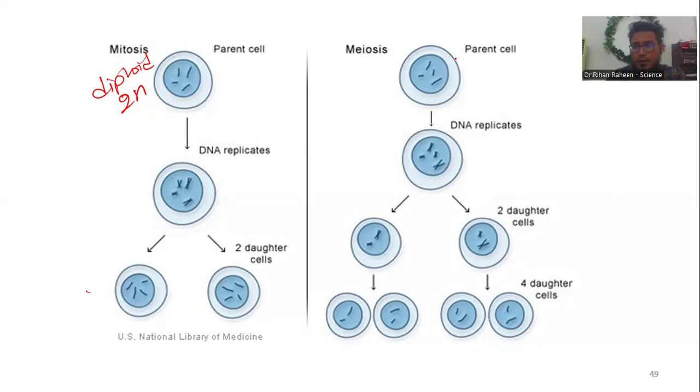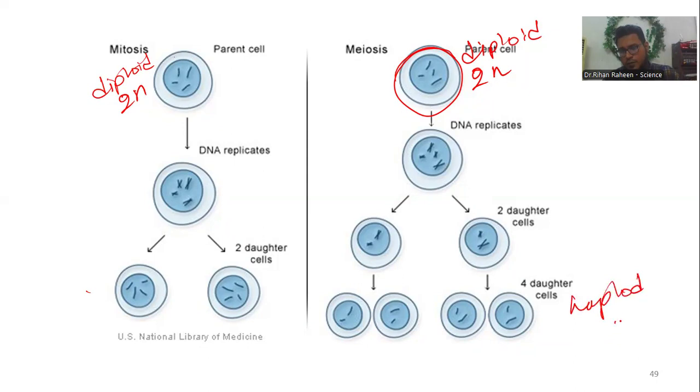In meiosis, what will happen? One parent cell will break down into 4 new cells which have half the number of chromosomes. So only if the parent is diploid, 2n, can the daughter cells be haploid, which we give the symbol n. So 4 haploid cells are produced.